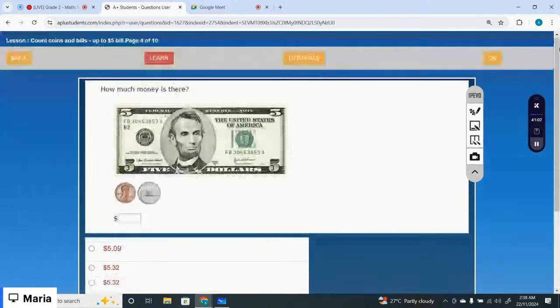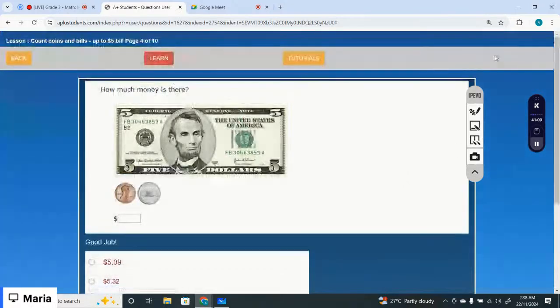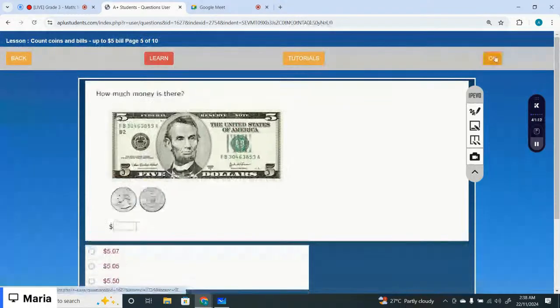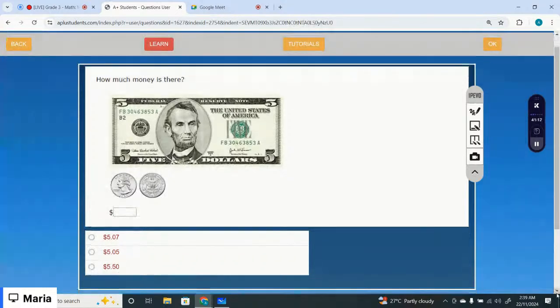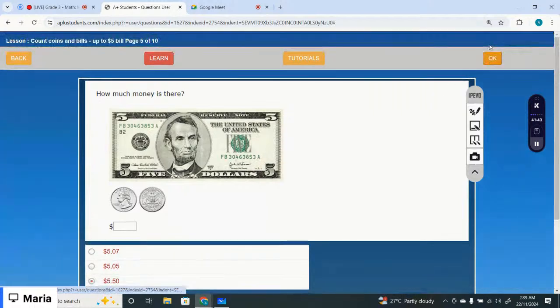Okay, the next one is how much money is there? So, which is the correct option? That is $5.50. Option number 3 is the correct option.